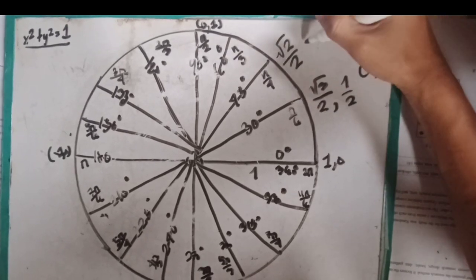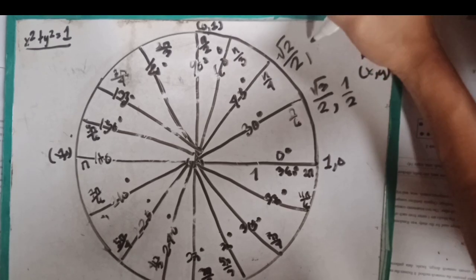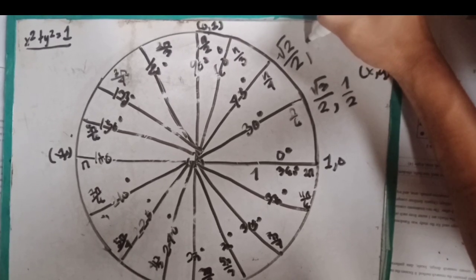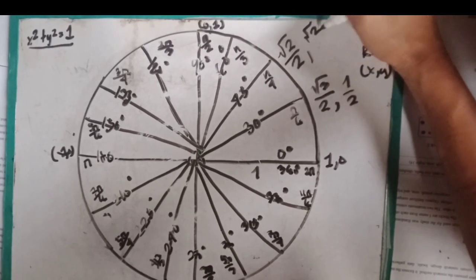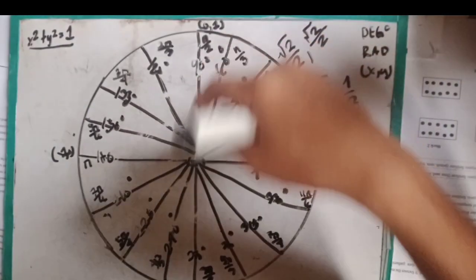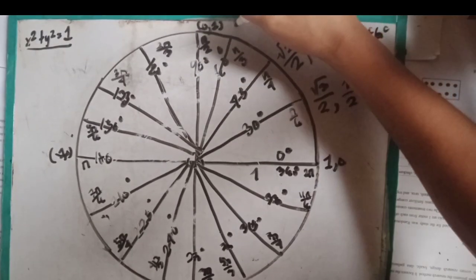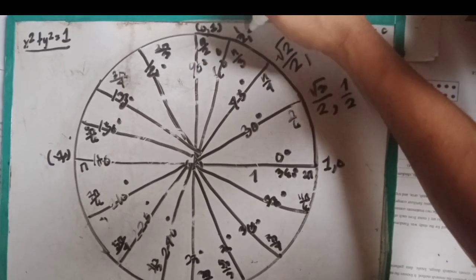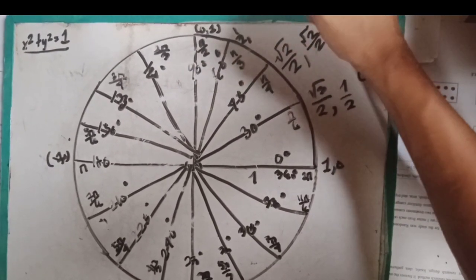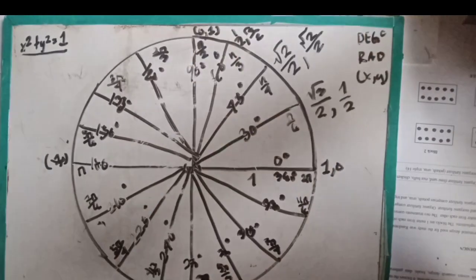Then the next, and the y coordinate is square root of 2 over 2. So it is the same. Then lastly, right here is 1/2, and the y coordinate is square root of 3 over 2.